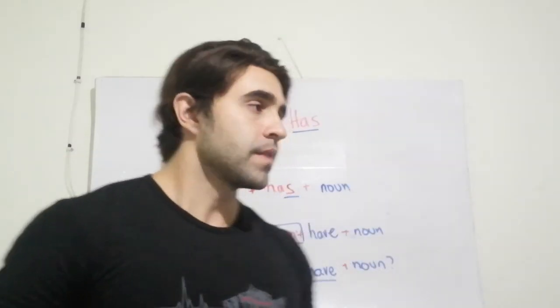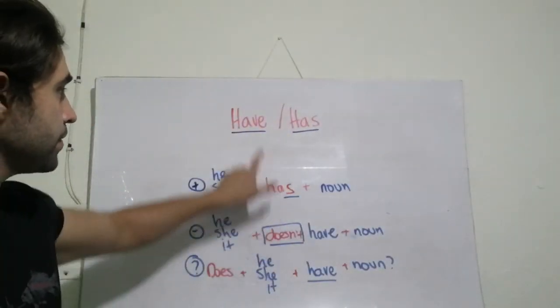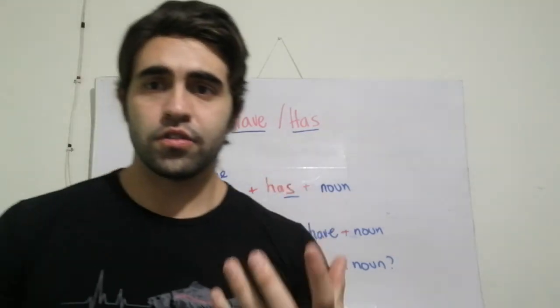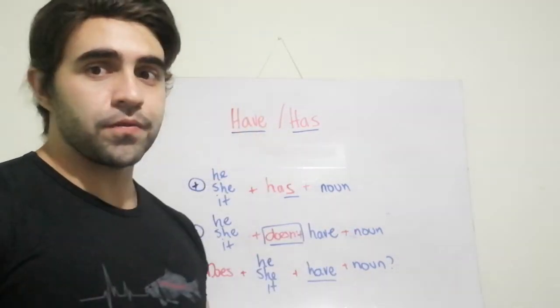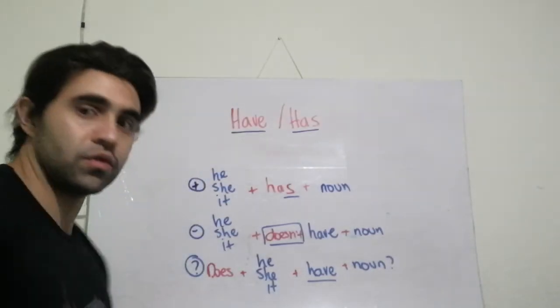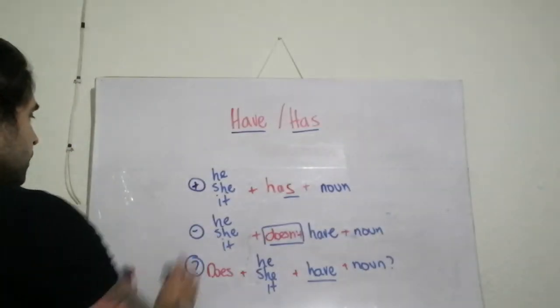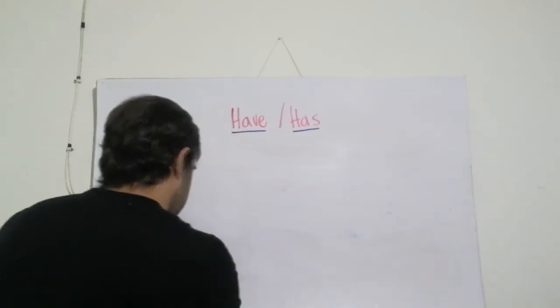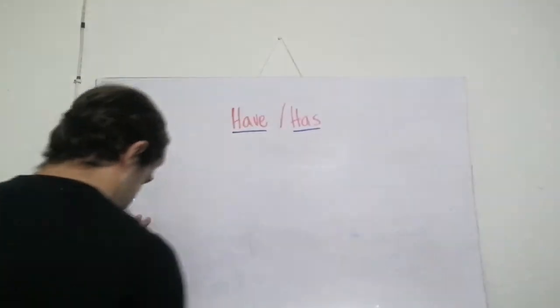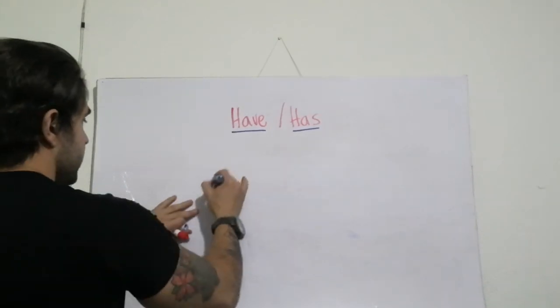Now, the important thing in this lesson is that we use have and has to talk about the physical appearance. In this case, when you talk about physical appearance, I'm going to explain some vocabulary. We talk about these words. Pay attention. We have this.